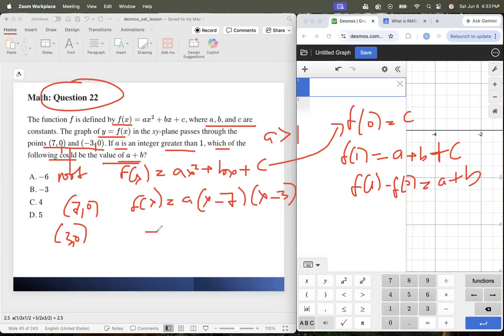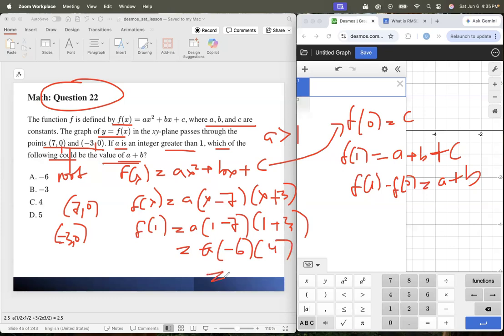Do the same thing to this function. You have f of 1 is equal to what? a times 1 minus 7, 1 plus 3. You're going to get minus 6, a times minus 6 and 4.